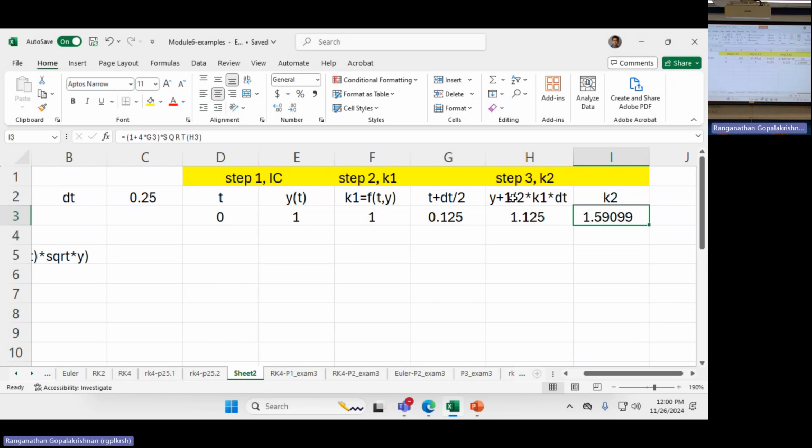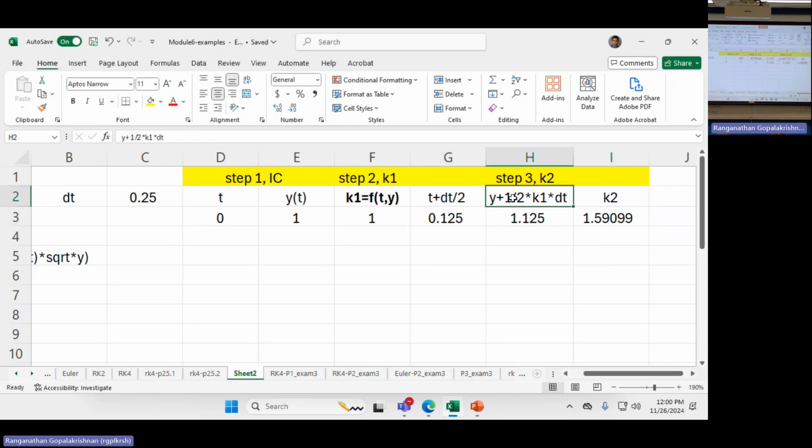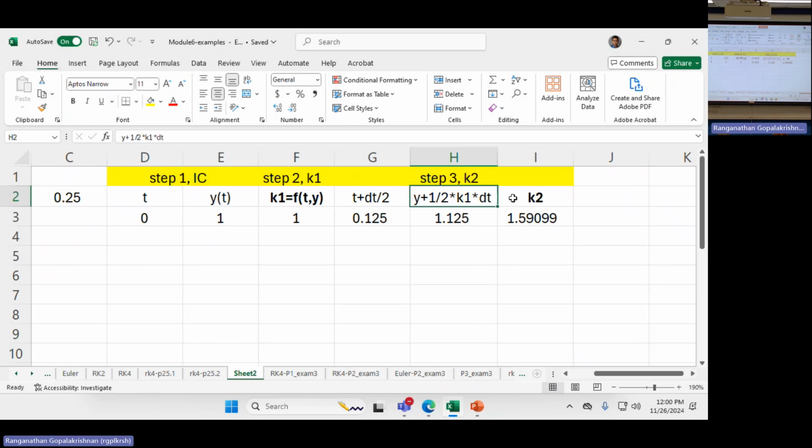With me so far, Parker? Paul? Okay, you got K1 and K2. I'll make K1 and K2 boldface because we need to use them in the next step.